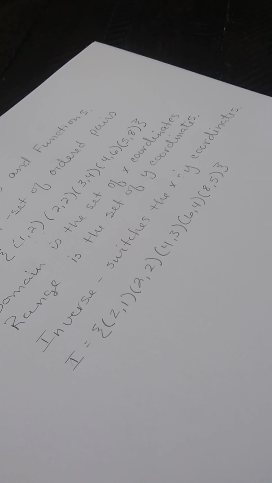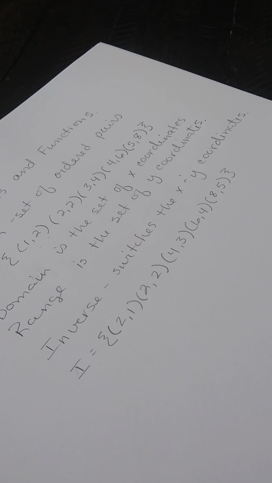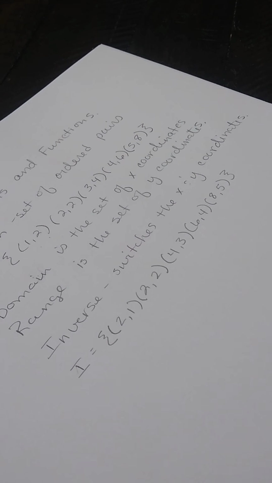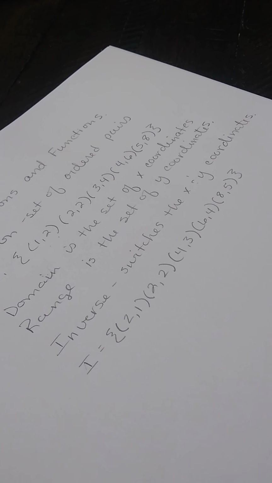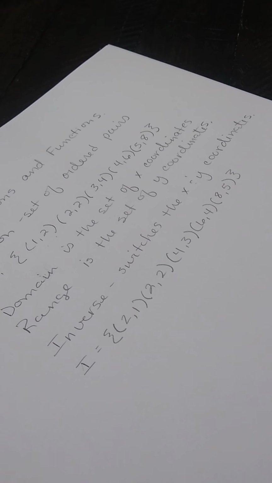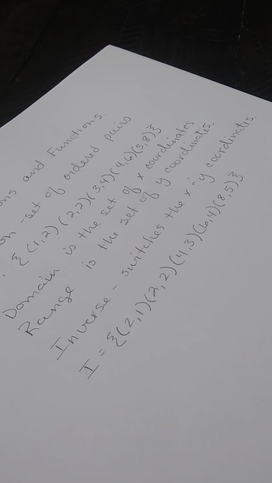So you should have learned that in Algebra 1, like the inverse for a simple relation is pretty easy, okay? It's going to just flip the ordered pair. But the inverse for a function, which you should learn in Algebra 2, but we're going to recall it also, just switches the x and the y.